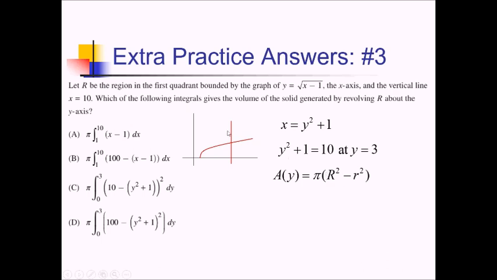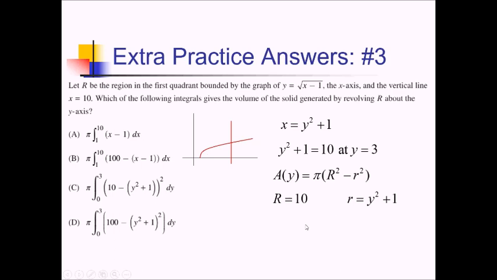Big R is going to be the distance between my axis of revolution, which they said was the y-axis, and the further away part of the bounded region, which is the line x equals 10. So my big R is just simply going to be a constant value of 10. For little r, that's the distance between the axis of revolution, the y-axis in this case, and this closer function. So that's going to be, let's see, just y squared plus 1.